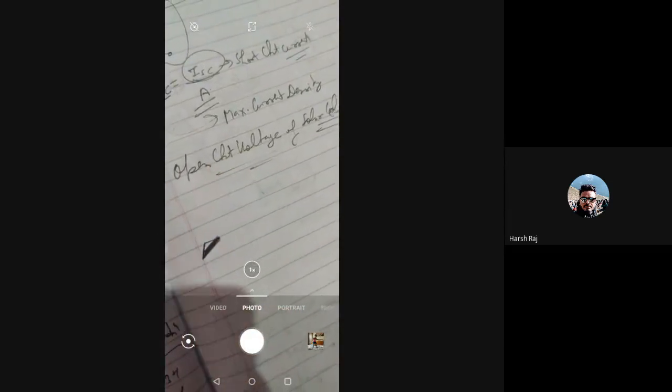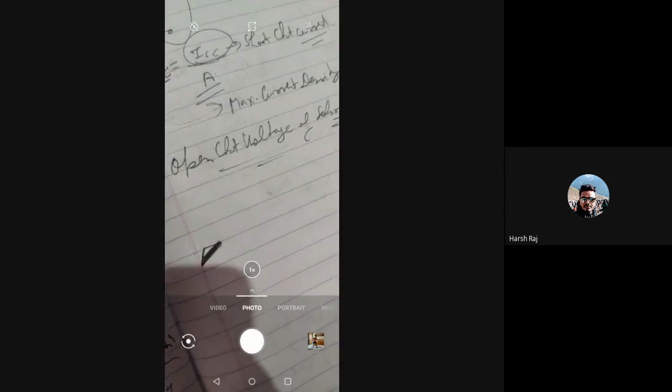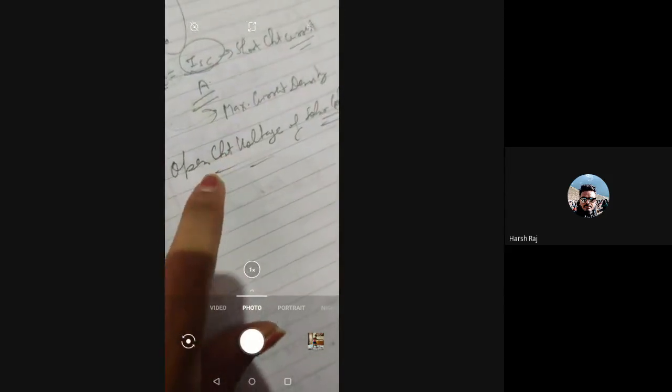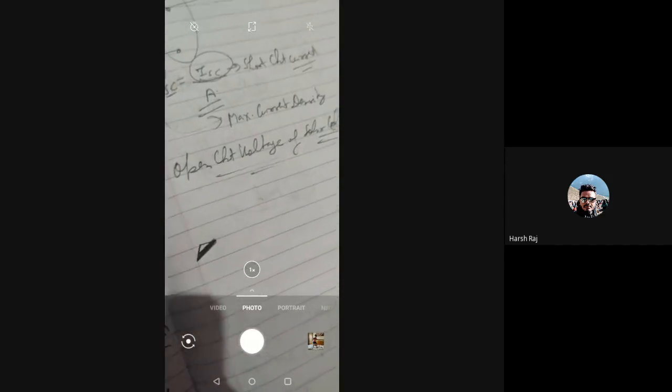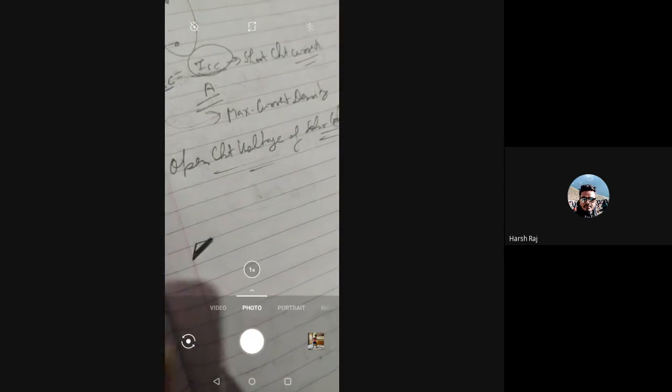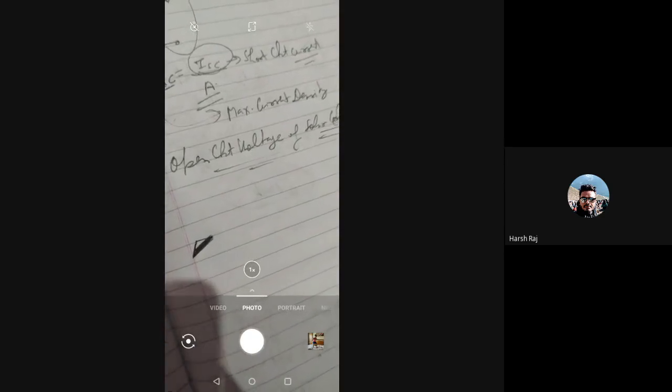We have the solar cell and we are measuring the voltage, but here the condition is open circuit, that is, when no load is connected across the cell. If we measure the voltage at that point, it is considered the open circuit voltage, when there is no load connected across the cell.